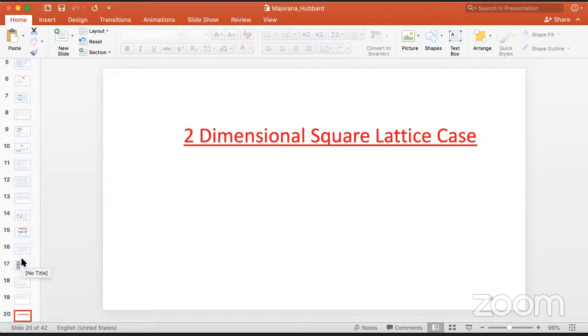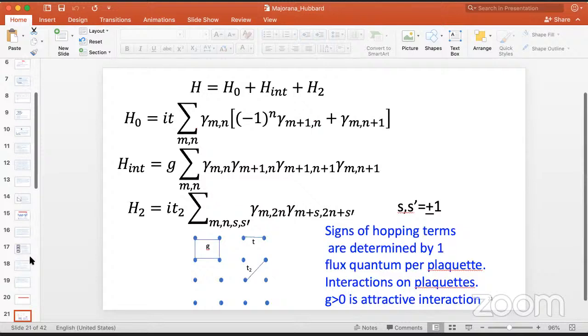Okay, so that's all I want to say about the one-dimensional case. Now I'm going to move on to the two-dimensional square lattice case. So here's the Hamiltonian for the square lattice. It turns out that we actually have an alternating hopping term. So the horizontal hopping term alternates in sign, and this is determined by the requirement that we have one flux quantum per plaquette.